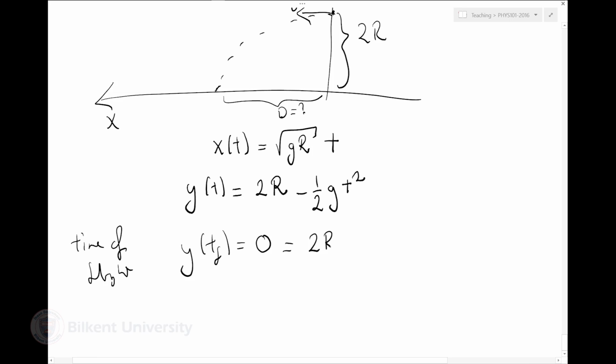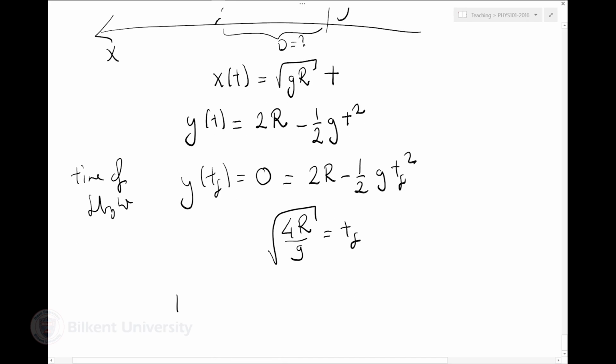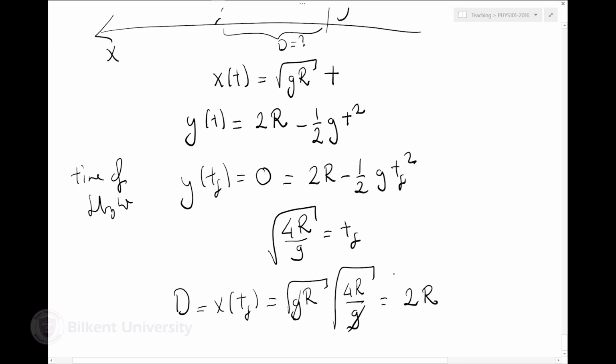So it's going to be 2r minus 1/2 g time of flight square equals 0. Square root of 4r over g would be my time of flight, which means the distance d which was asked is the x coordinate at that time. So it's going to be square root of gr times tf, times square root of 4r over g. G is cancelled. I just find a result of 2r.